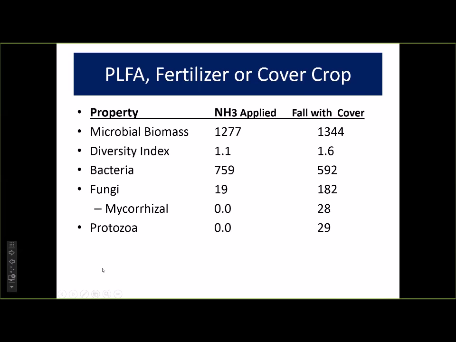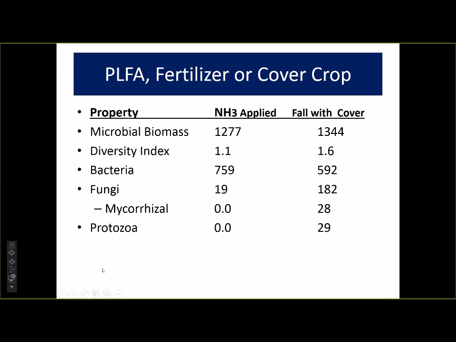But I want this fall cover, we had another field nearby, and the microbial biomass was about the same, but the diversity index here, 1.1, is very, very poor, and the 1.6 like Dan had, where he was showing, is rated as excellent. So when we have a mix of crops out there, we can make our microbial diversity much better. And that's bacteria here.